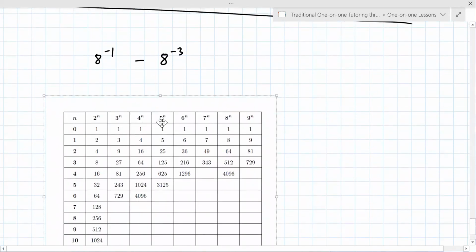So you go to the base, in this case 8. This is 8 to the 0. See how there's a 0 there on the left. This is 8 to the 1. This is 8 squared, 8 cubed. So it is there on the chart. Now, if you were looking down here, it obviously wouldn't be there, but it's under the 8.